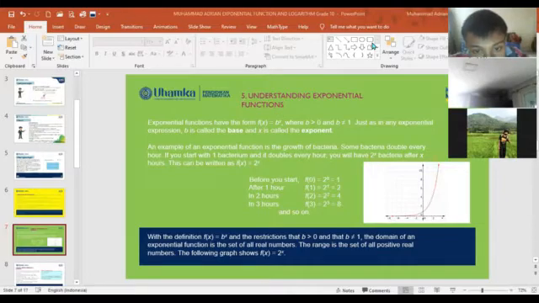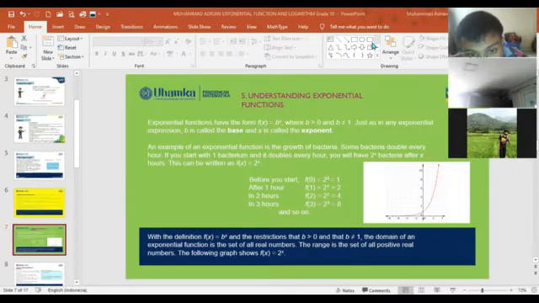For example, before you start, v(0) equals 2 power 0 equals 1. After 1 hour, v(1) equals 2 power 1 equals 2.